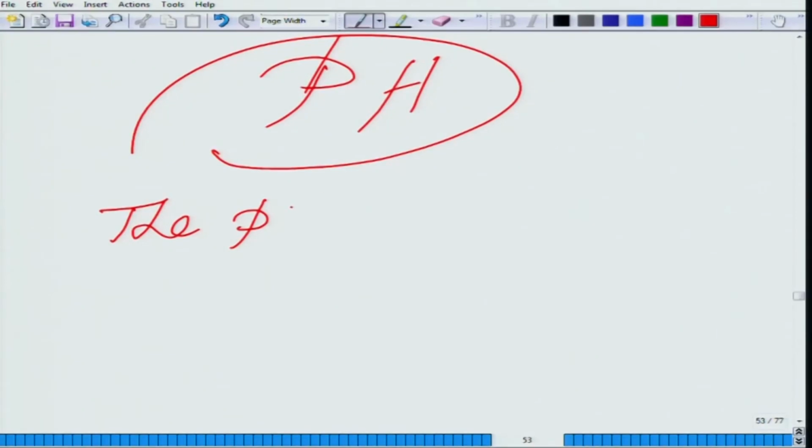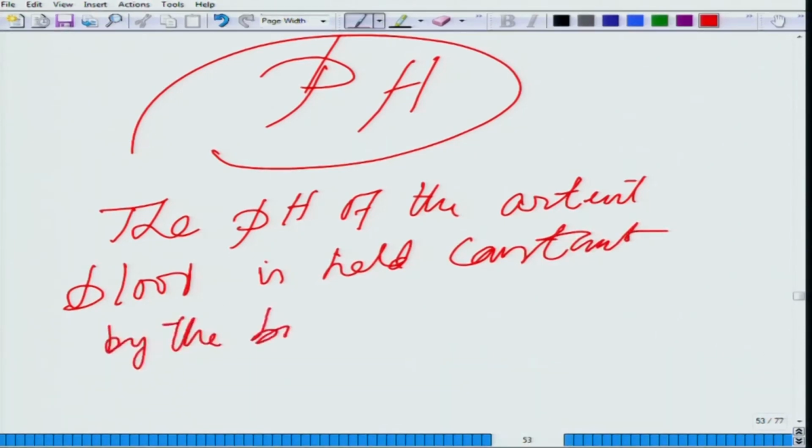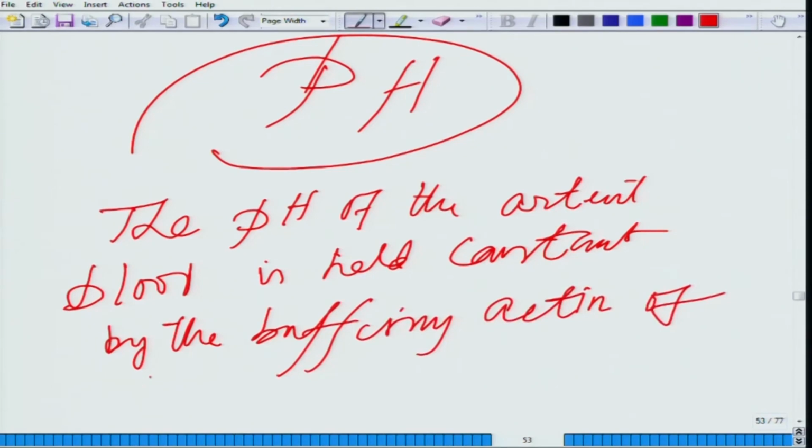So, the pH of the arterial blood is held constant by the buffering action of HCO3 minus and CO2.